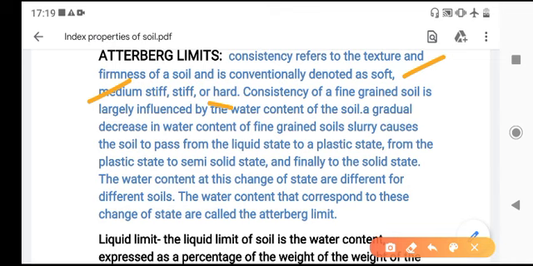A gradual decrease in water content of the fine-grained soil slurry causes the soil to pass from the liquid state to the plastic state, from the plastic state to the semi-solid state, and finally to the solid state. The water contents at these changes of state are different for different types of soil. The water contents that correspond to these changes of state are called Atterberg limits.